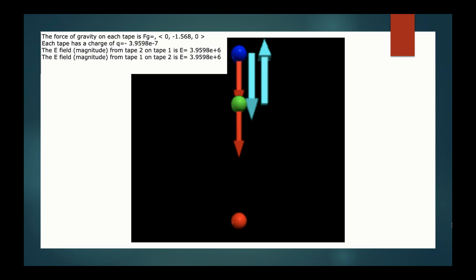In this case, the direction of the electric field would change, but the two pieces of tape would still repel each other if they were positively charged instead. So yeah, that is about it.